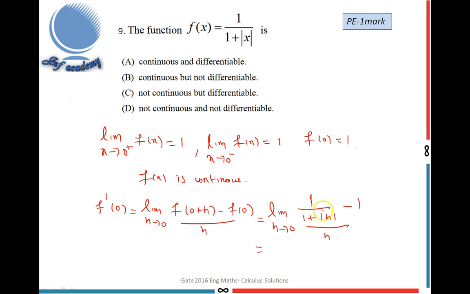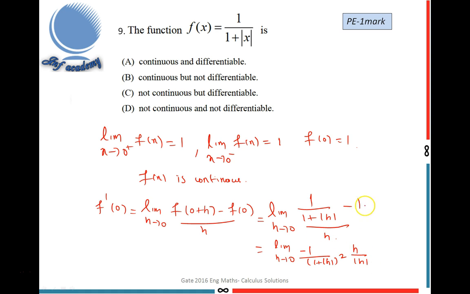Here as limit h tends to 0, I get 0 by 0 form. So I apply L'Hospital rule. I get minus 1 by 1 plus modulus h whole square, the minus sign is available. Then the differentiation of modulus h is h by modulus h.